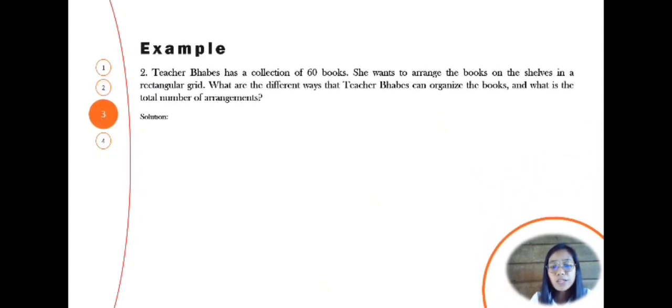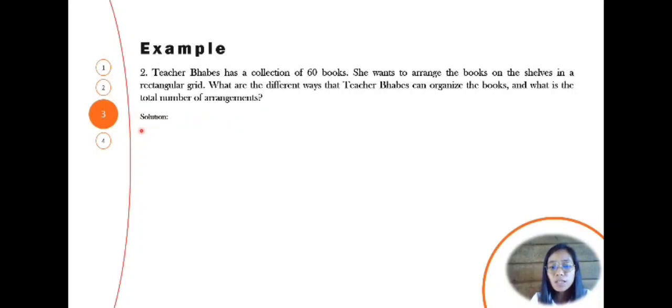Now, for our second example, we have here another situation. Teacher Babes has a collection of 60 books. She wants to arrange the books on the shelves in a rectangular grid. What are the different ways that Teacher Babes can organize the books, and what is the total number of arrangements?